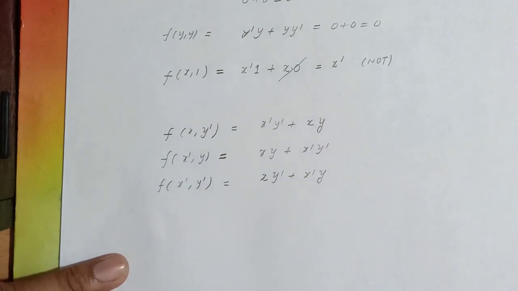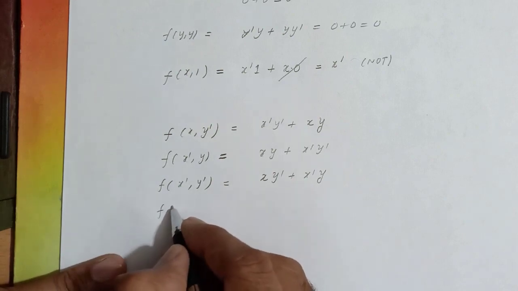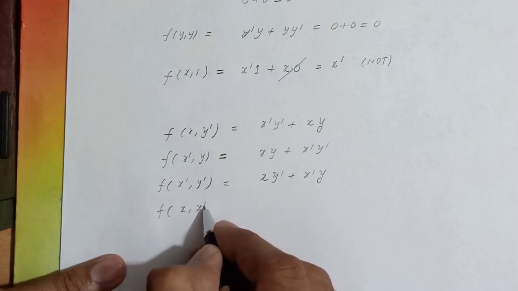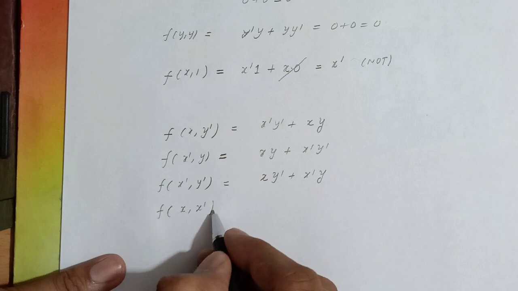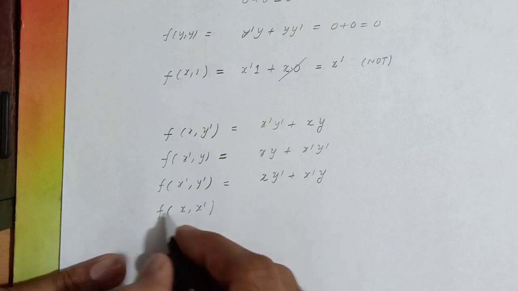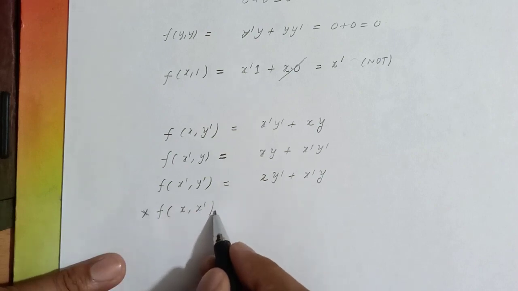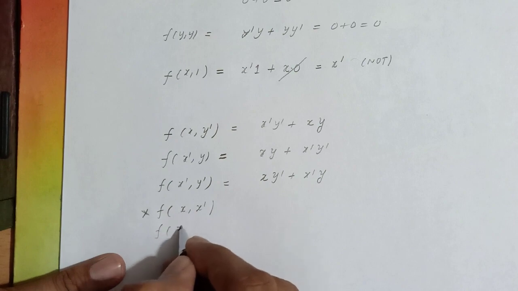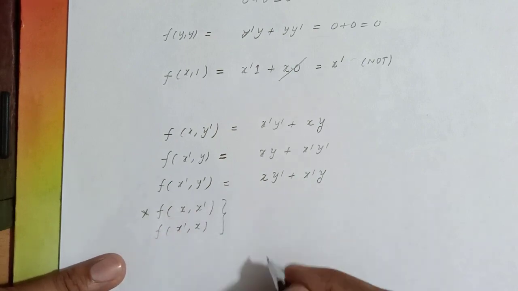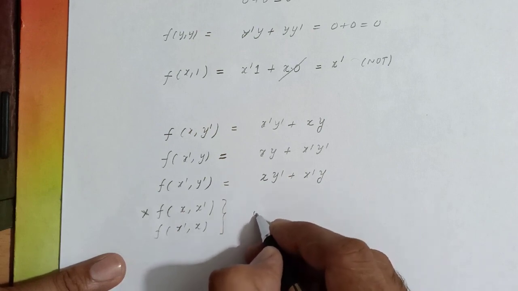y. Another option is if we make both variables the same, x and x', but in this case we will not get the two variables, so this case is clearly ruled out. We should not use f(x', x), because both of these will give only a function of x.